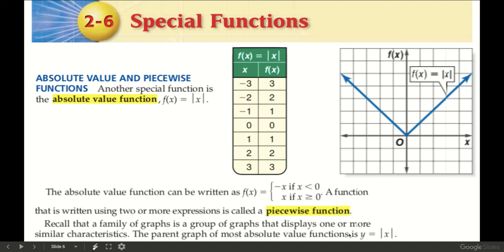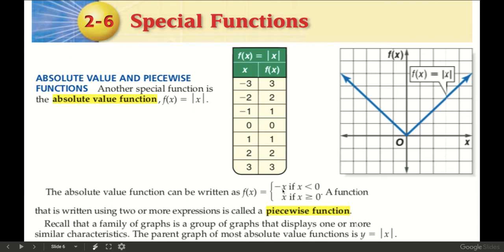So absolute value functions can also be written as two pieces. If you notice, this is just a segment of a line, or ray, that has a y-intercept of 0 and a slope of 1. This one is also a ray that has a slope of -1 and a y-intercept of 0. Basically, this absolute value function is just this piece and this piece, right?